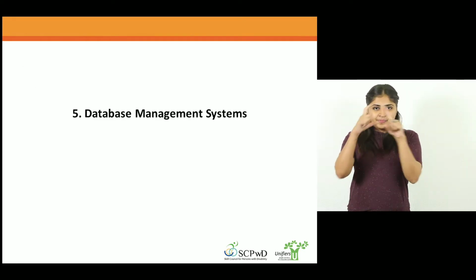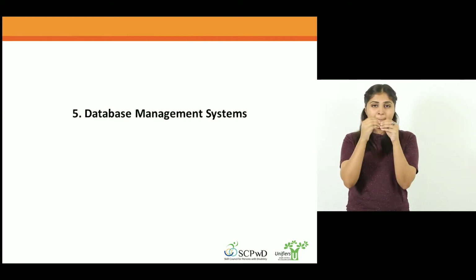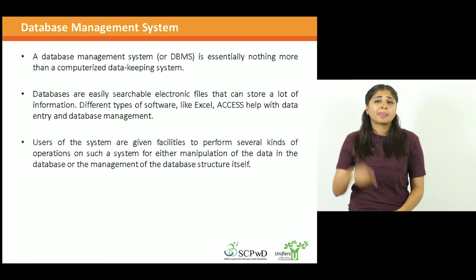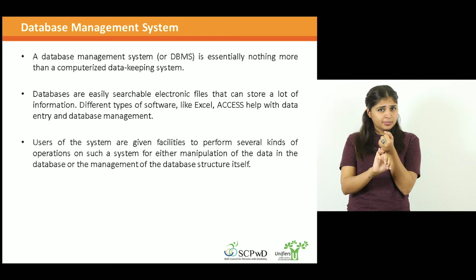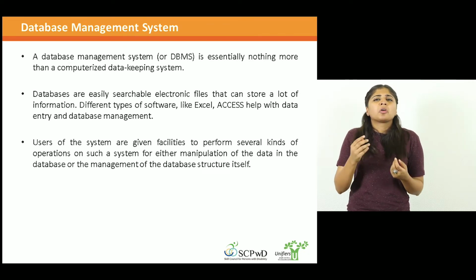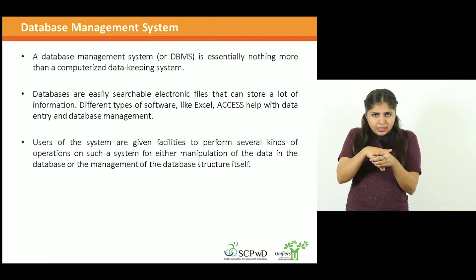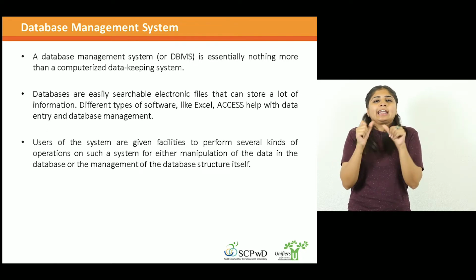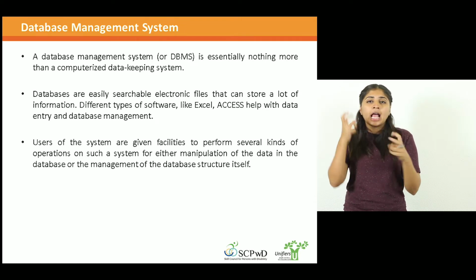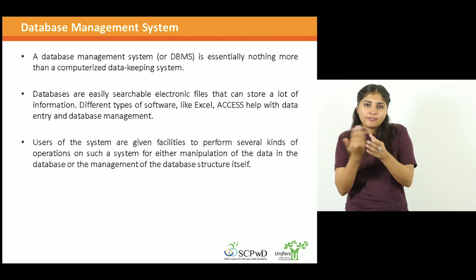Number 5. Database management systems. A database management system is essentially nothing more than a computerized data keeping system. Databases are easily searchable electronic files that can store a lot of information.